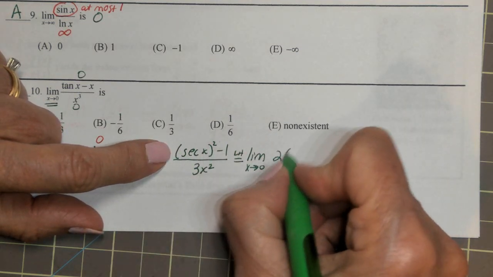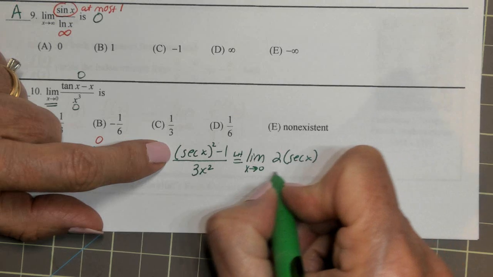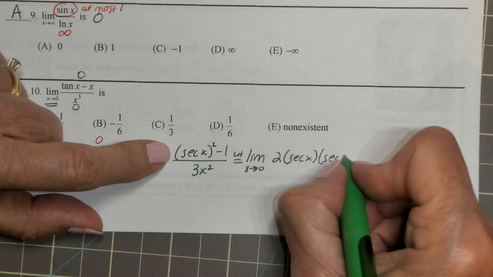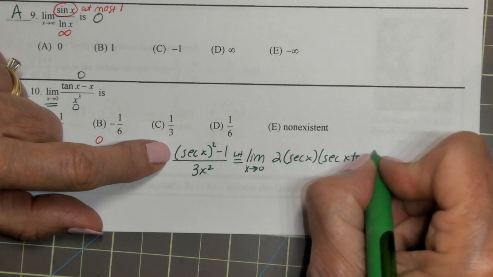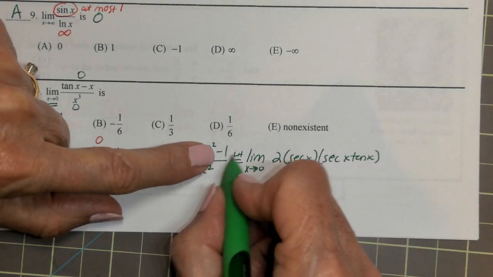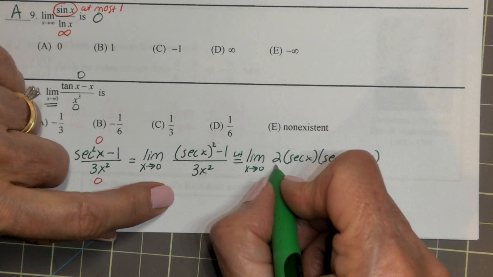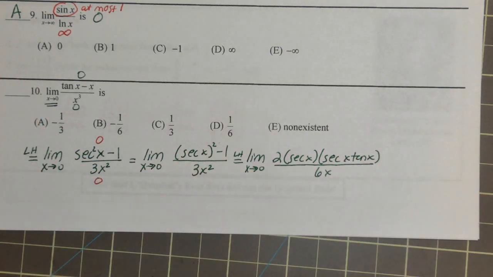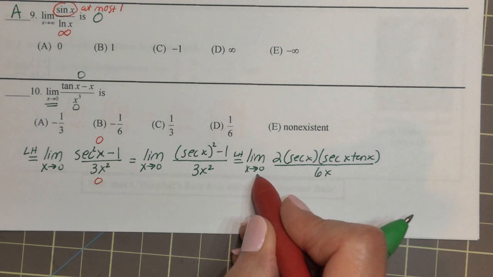So 2, keep your secant x, multiply by the derivative of secant x, which is secant x tangent x. The derivative of negative 1 is 0, divided by 6x.